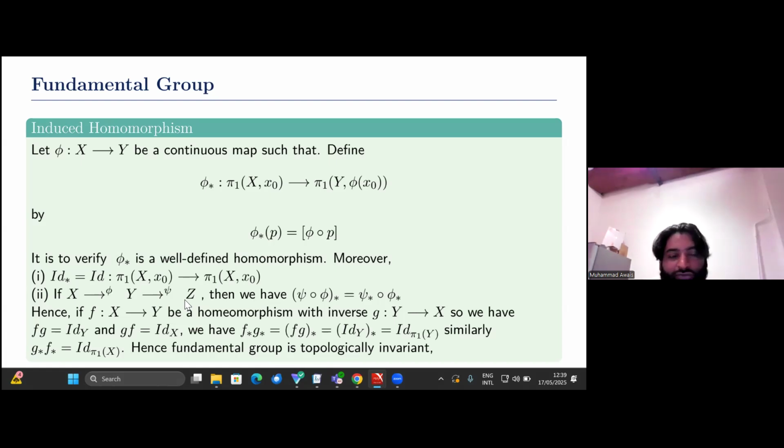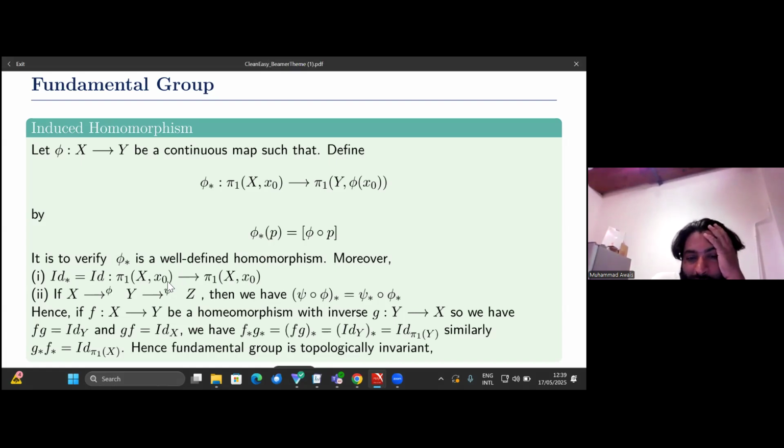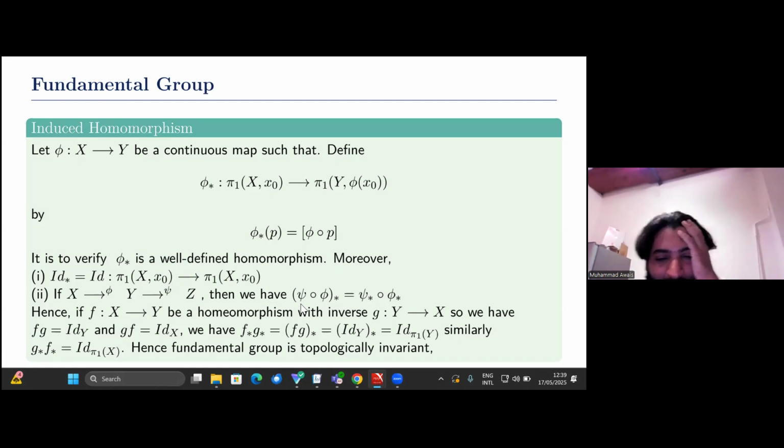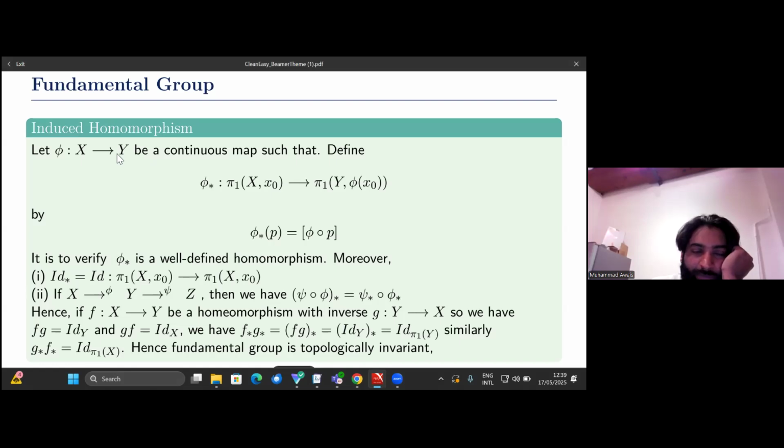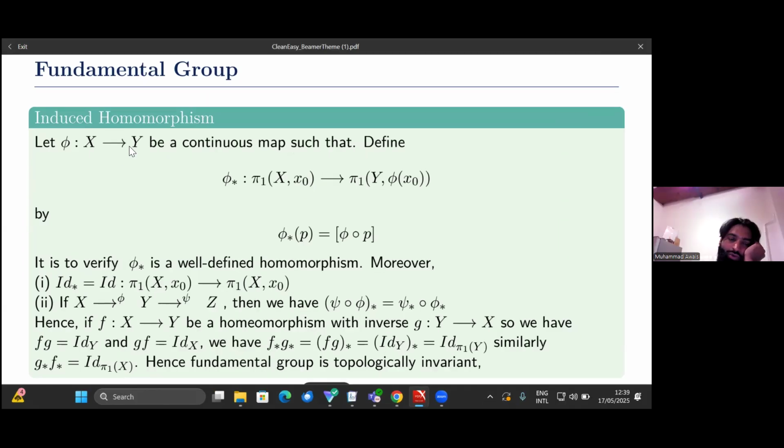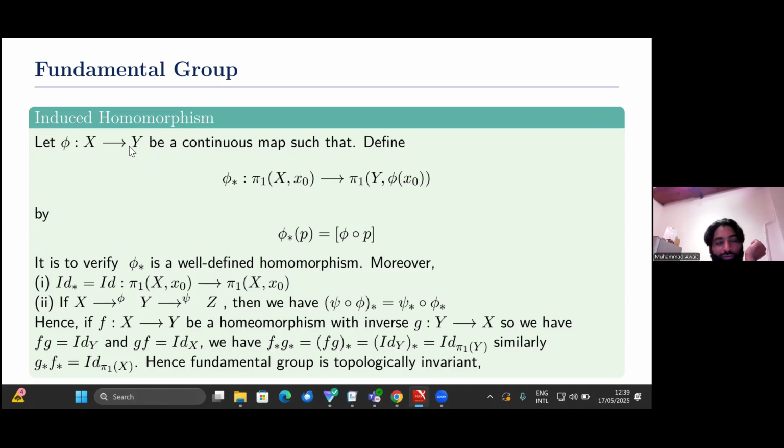So it means f star and g star are inverse to each other at the level of the fundamental group. If your spaces are homeomorphic, the fundamental groups should be isomorphic. If one is not able to see these details in this fast presentation, one can sit and write them out and convince oneself. The main idea is that when your spaces are homeomorphic to each other, your fundamental groups should be isomorphic.